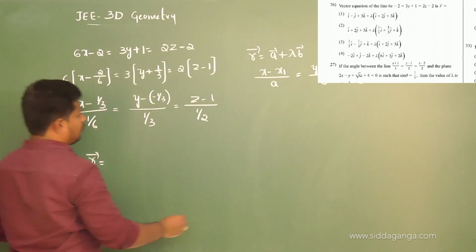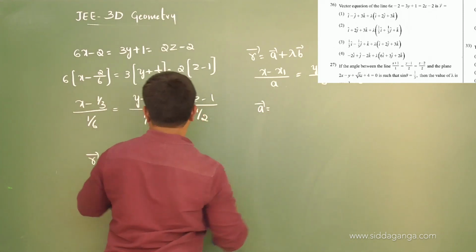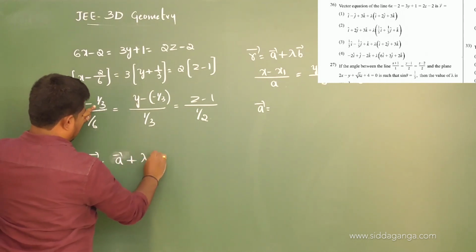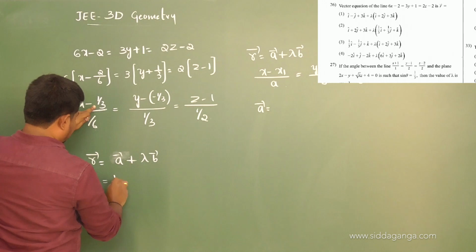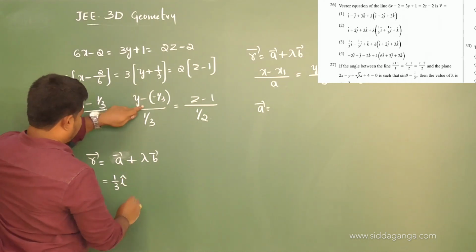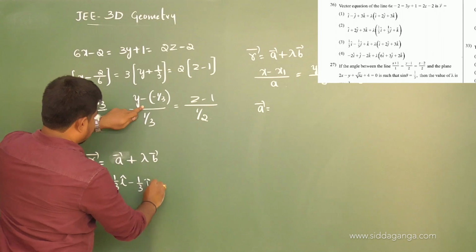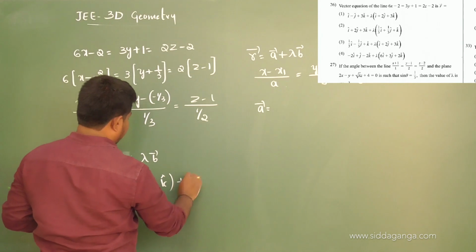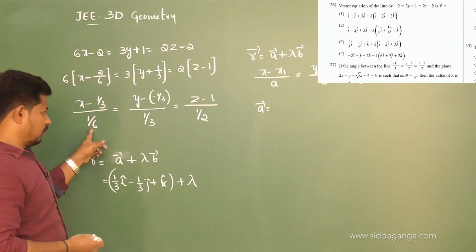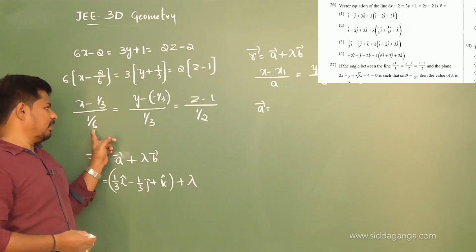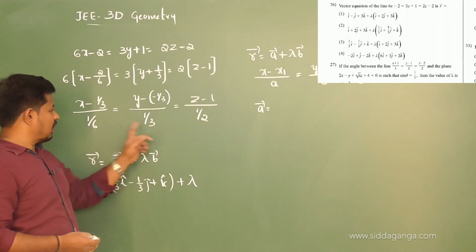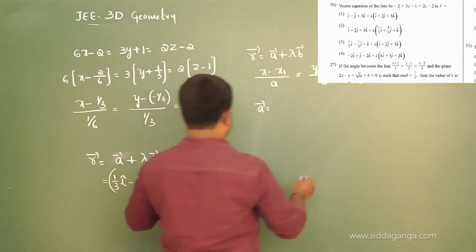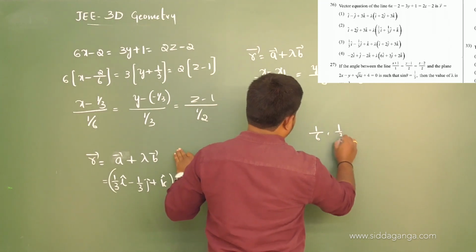So your position vector A is equal to 1 by 3 i cap minus 1 by 3 j cap plus 1 k cap, plus lambda into the ratios: 1 by 6 i cap plus 1 by 3 j cap plus 1 by 2 k cap. But we don't have these in any of the options, 1 by 6, 1 by 3, 1 by 2.